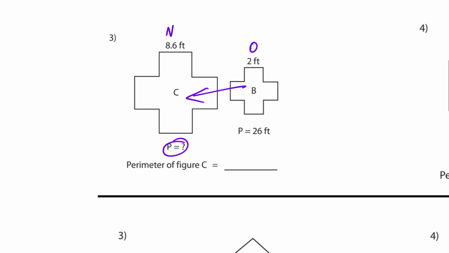Okay, good. So now notice, since we're going this way, this now is going to be the new one. So it's going to be 8.6 over 2 is my scale factor. And so I'm going to take the perimeter of the original one, 26 times 8.6 over 2.